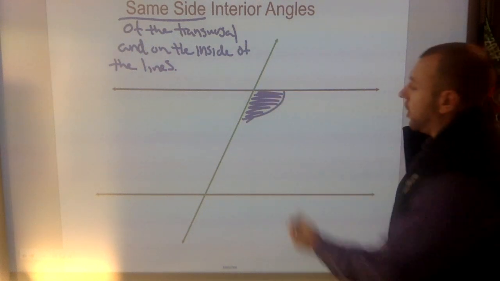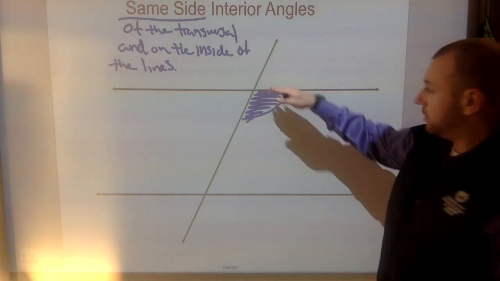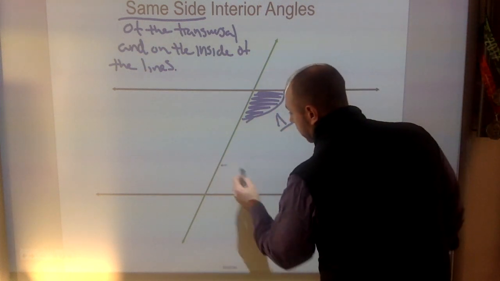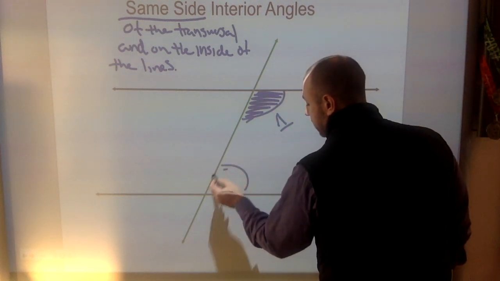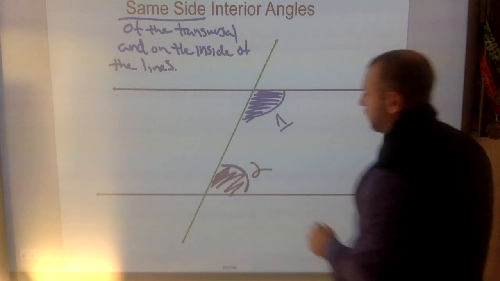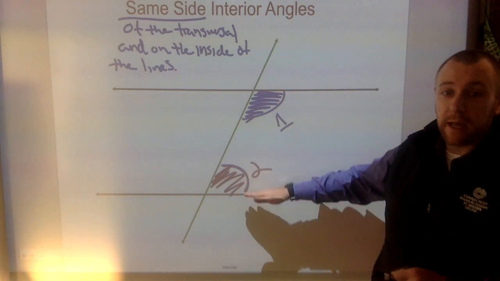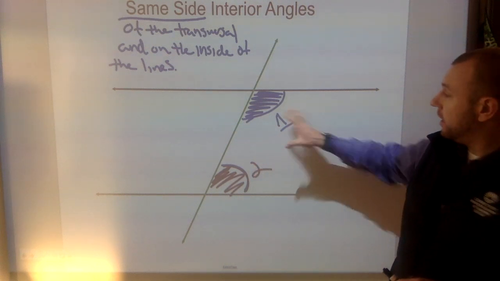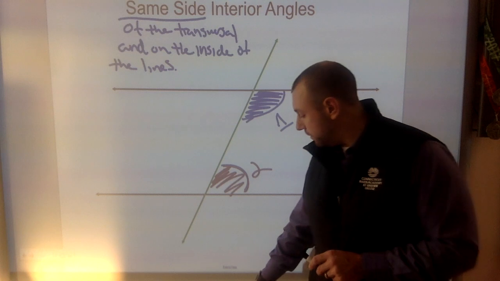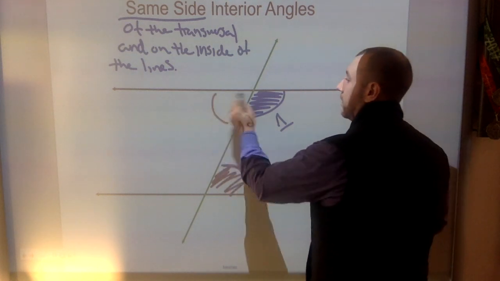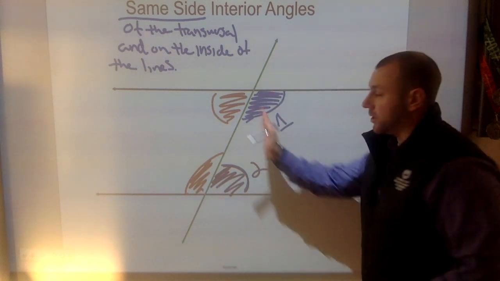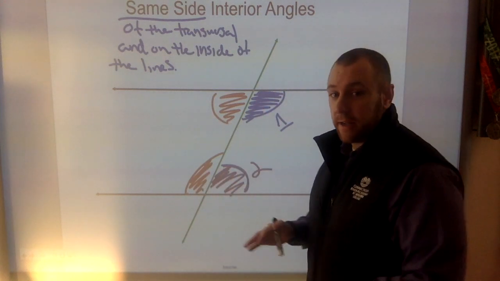Okay, let's call this 1. It's on the inside, it's between these two lines. And this angle here. Let's say this is angle 2. So they're on the same side of the transversal, but inside the black lines. And it would be the same on the other side, this angle and this angle.